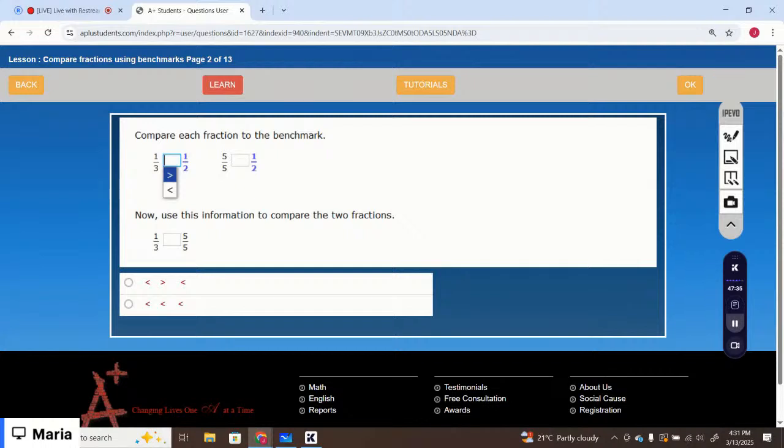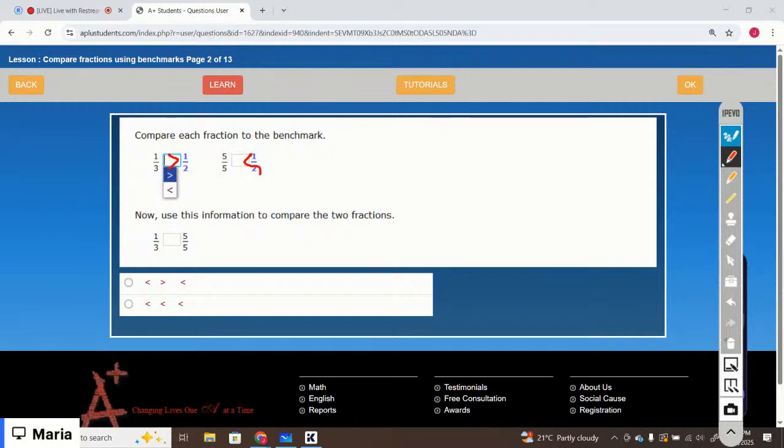One by three, you have to compare it to half. 1 by 3 is less than half, right?